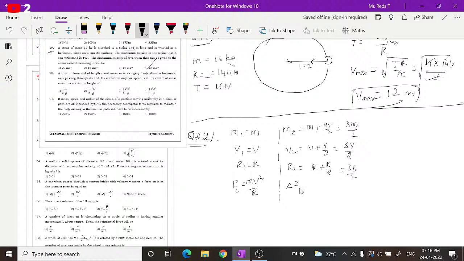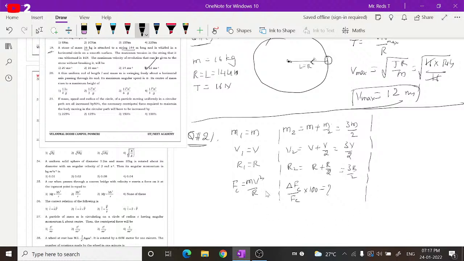You can express it as delta Fc by Fc into 100 is equal to what? Because the options are given in percentage. Delta Fc by Fc gives you the fractional change, so this gives you the percentage change. What kind of change is it, increase or decrease? Increase. How much you have to increase so that it stays in circular motion is the question.